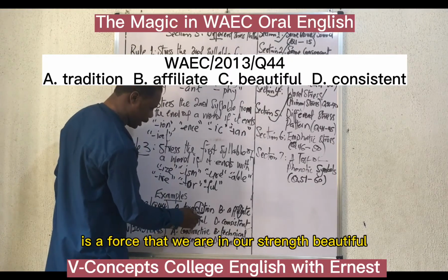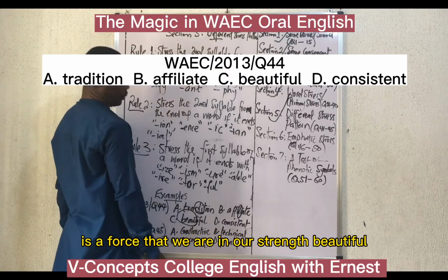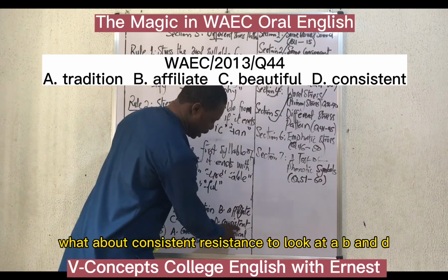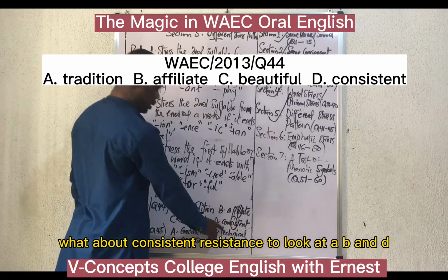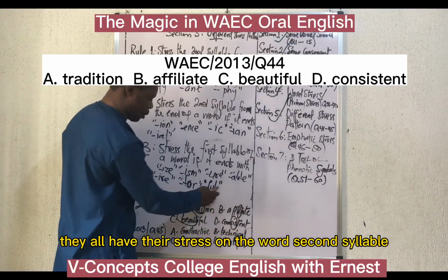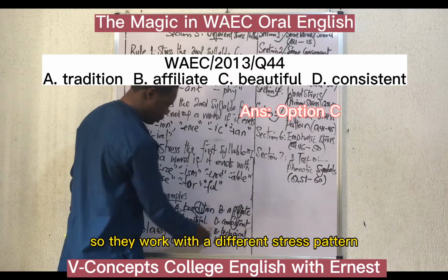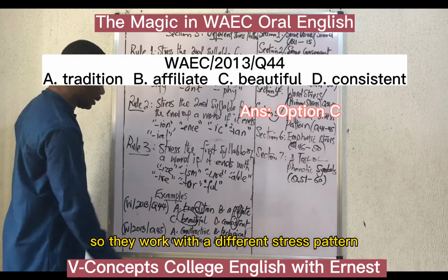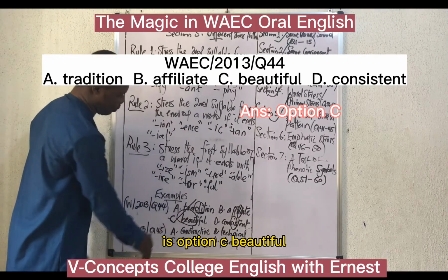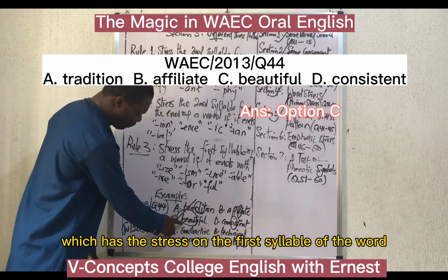No, it is the first syllable here that will be stressed. Beautiful. What about consistent? If you look at A, B, and D, they all have their stress on the second syllable. So the word with a different stress pattern is option C, beautiful, which has a stress on the first syllable of the word.